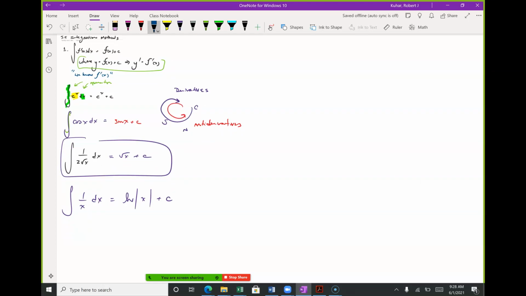If I'm starting with y equals ln of x, notice I have a function with only a positive domain. It's because I can't put a negative into the ln function, right? Everybody with me there? So when I take my derivative, I get y prime is 1 over x.